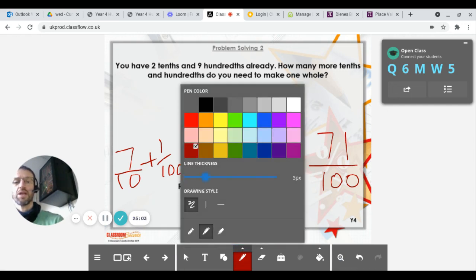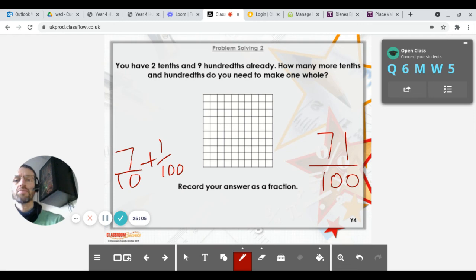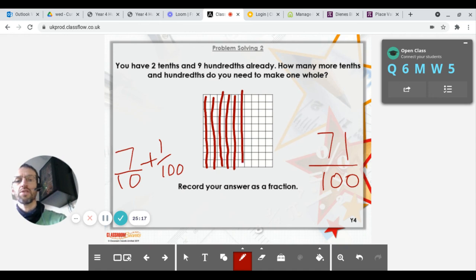Get a slightly thicker pen. 7/10, well, this would be 1/10, 2/10, 3/10, 4/10, 5/10, 6/10, 7/10, and 1/100th. 100th is just one of those little squares.